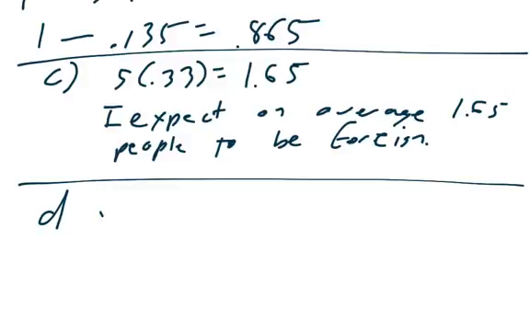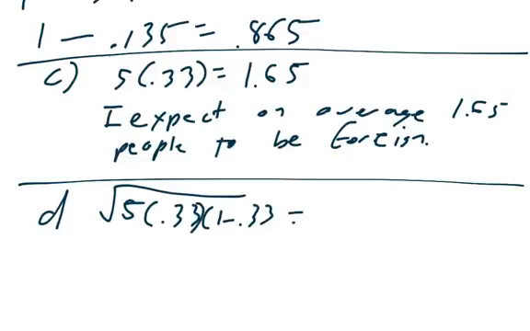And in letter D, we're going to do the square root of 5 times 0.33 times 1 minus 0.33 to give us our standard deviation. Which means when I plug that in, I get 1.05.